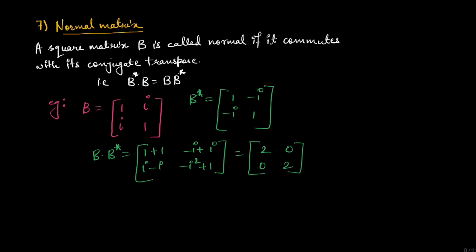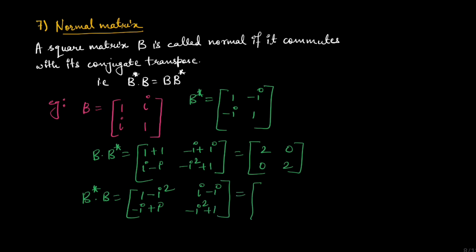Next, in the same way, if we find B conjugate transpose into B, that will be 1 minus i square, then i minus i, then minus i plus i, and this will be minus i square plus 1.